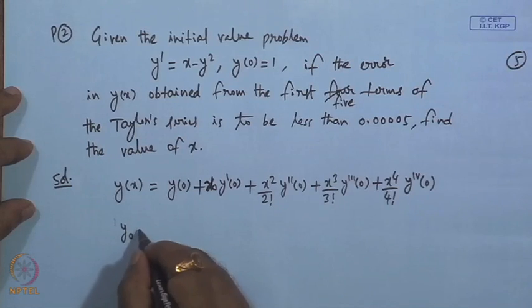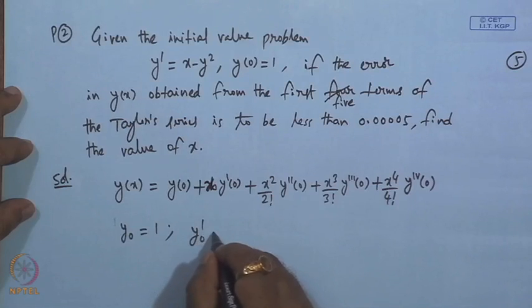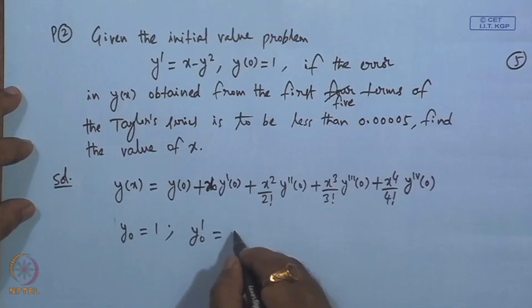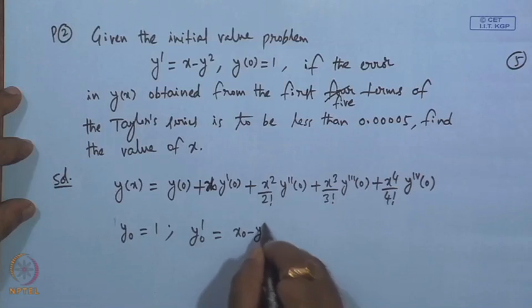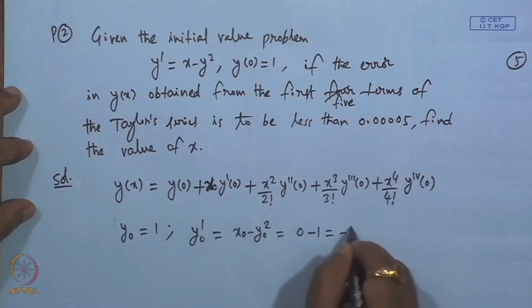So, y 0 equals 1, y dash 0 equals x 0 minus y 0 square. So, that is 0 minus 1.